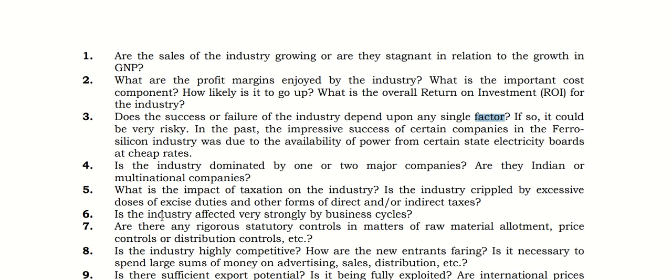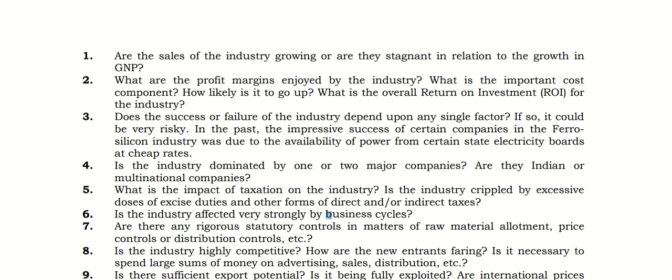You can find that. Then, is the industry affected very strongly by business cycles? Business cycle is basically how long the cycle is in a year. In very simple terms, we can say how much time they take to convert raw material into sales, and how soon they get their money back.